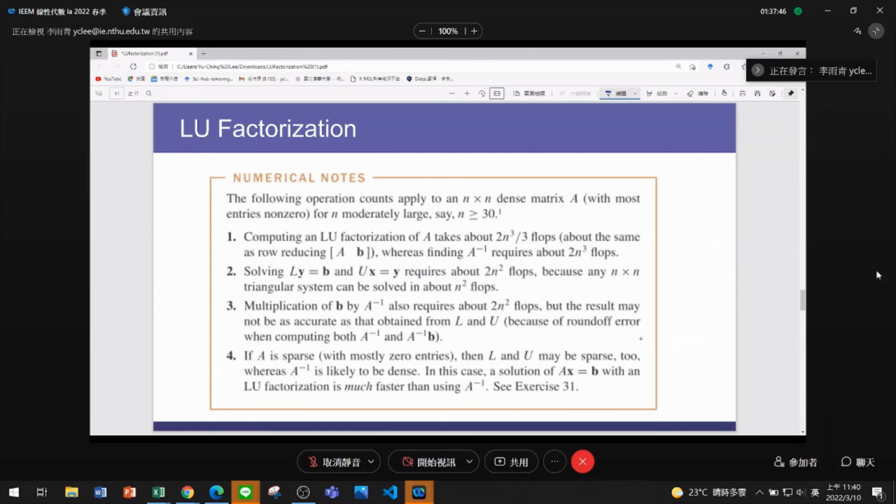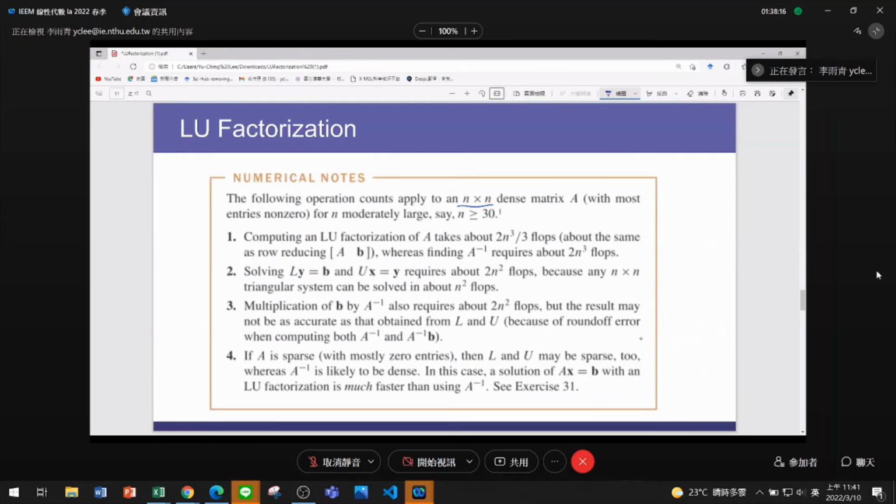Okay, so here's a summary of how we calculate for an arbitrary n by n matrix A. In one of the examples we saw before, we demonstrated that we can count the number of additions, divisions, multiplications and subtractions. But for a general n by n matrix, we can have all these results.